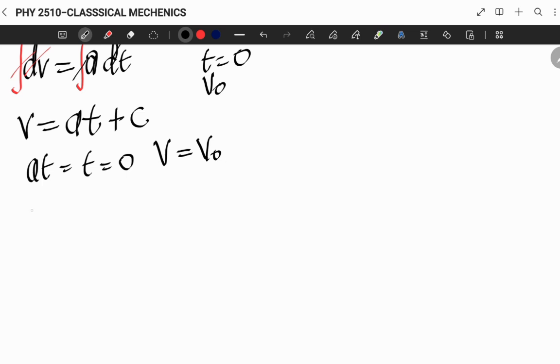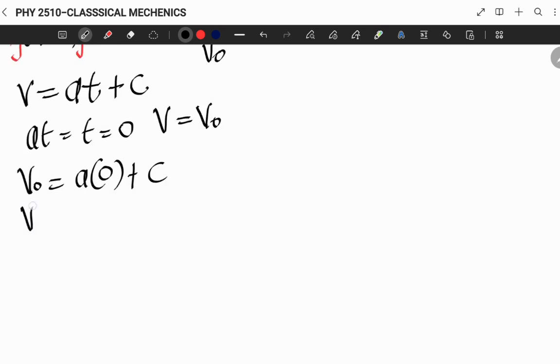Where there is v, we are going to replace it with v naught, and in v is equal to at, where there is t, we are going to assume we are at 0, so the initial will be 0 there, then plus c.